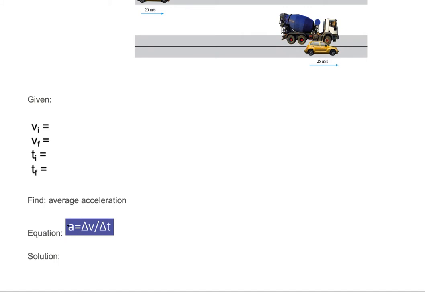And in the equation, we want to write the equation for average acceleration. Average acceleration is given by a equals delta V over delta T, where delta is always defined as final minus initial.